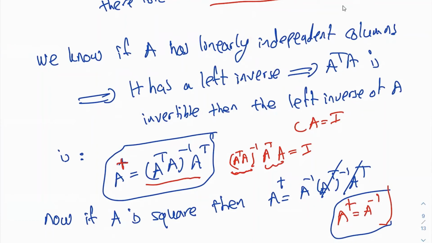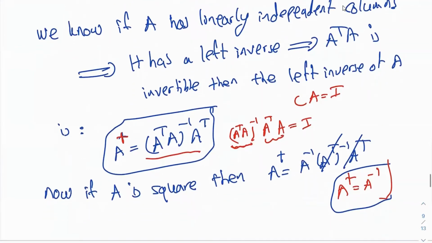But what if A is square? Because we proved that if A is square and has linearly independent columns, then A has an inverse, right? So then we can call it A inverse actually. So if A is square, then A inverse exists. Now let's take a look at what happens. Let's take a look at A transpose A inverse A transpose.